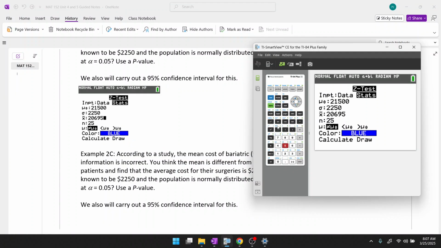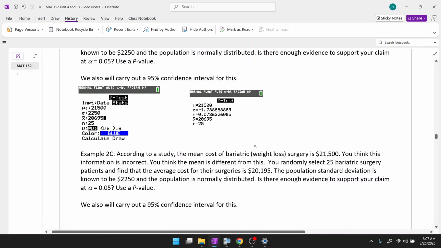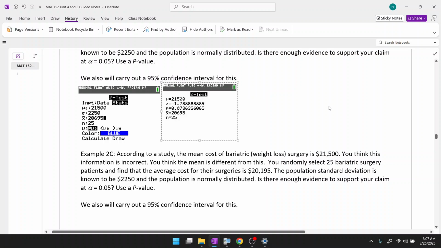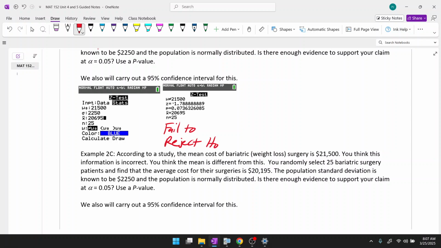Where do I come up with this? And I'll show you that in a little bit. But we calculate this, and we see that the p-value is definitely higher than 0.05. So this is where we fail to reject the null. You're going to fail to reject the null in this case.